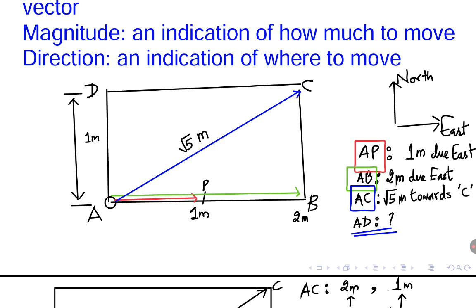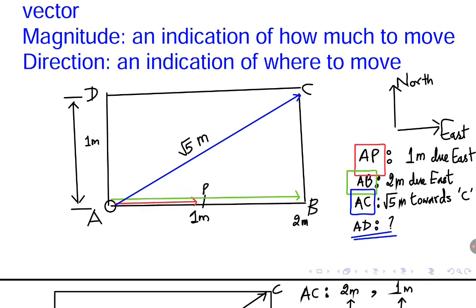So, as you can see on the right, I have given you some directions. I have written north pointing upwards and east pointing, let us say, rightward towards our right. So east is in this direction towards our right, and north is towards the upward direction of the screen.